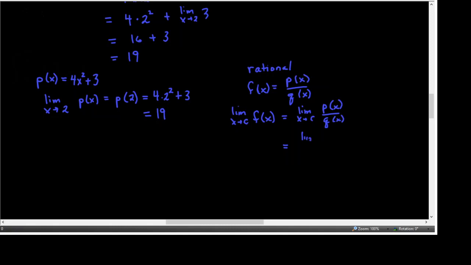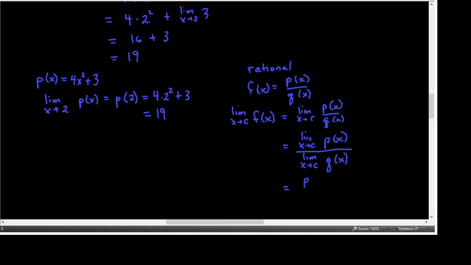Oops, pen stopped working for a second. There we go. The limit of the numerator function divided by the limit of the denominator function. And because those are both polynomials, according to what I just said a moment ago, for every polynomial function, you can evaluate the limit as x approaches c using substitution.